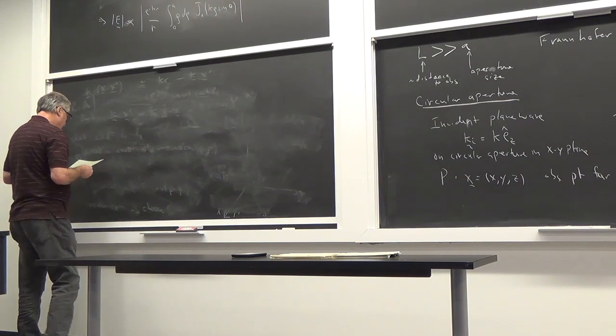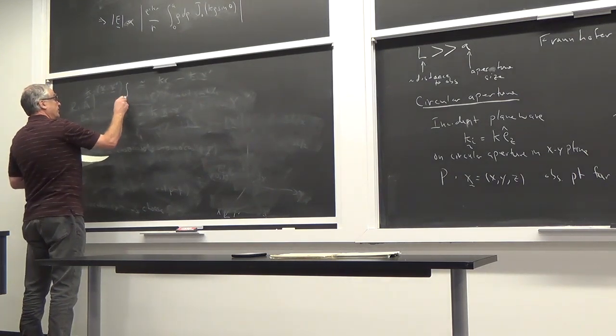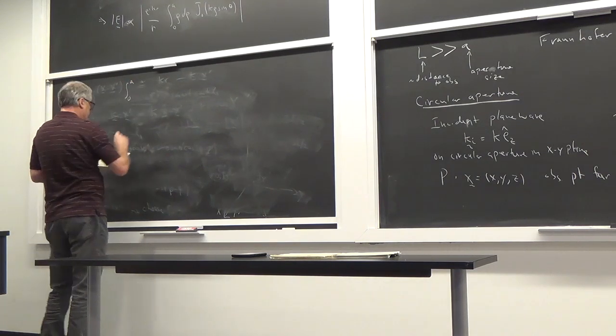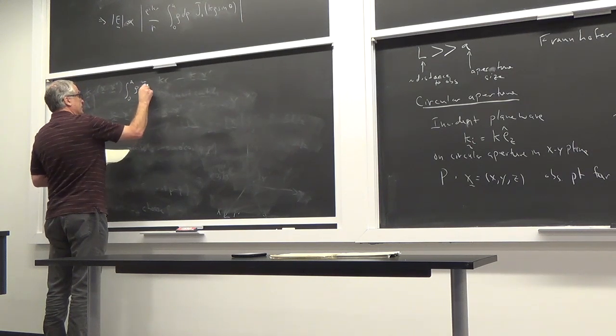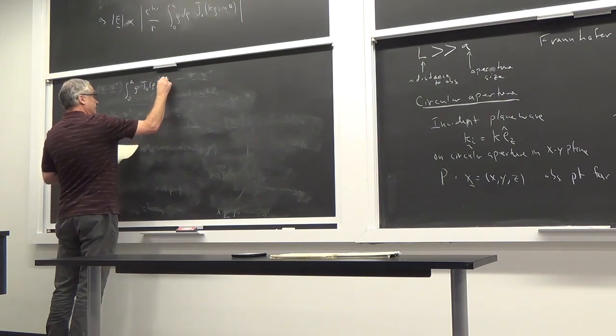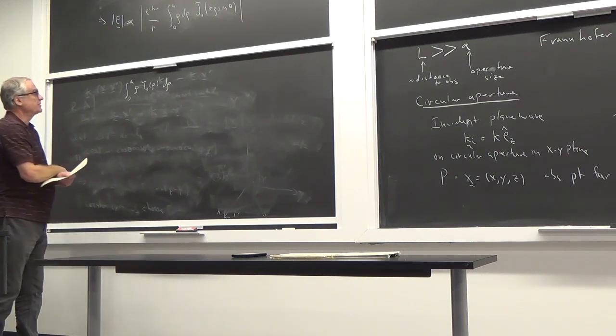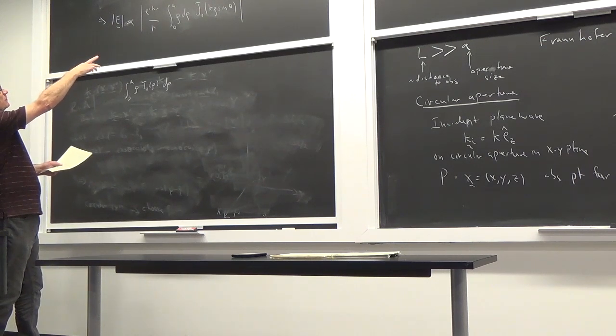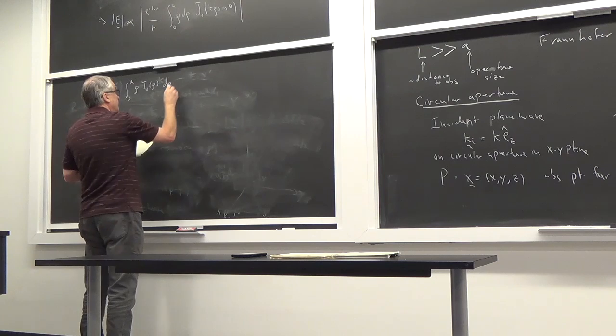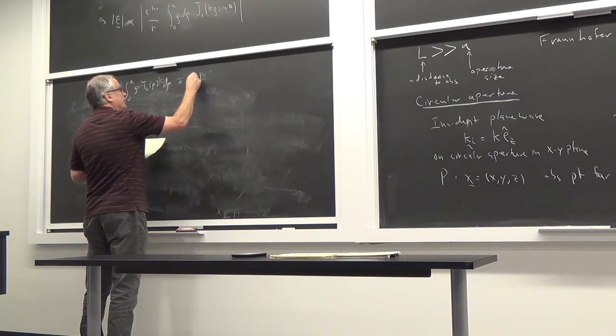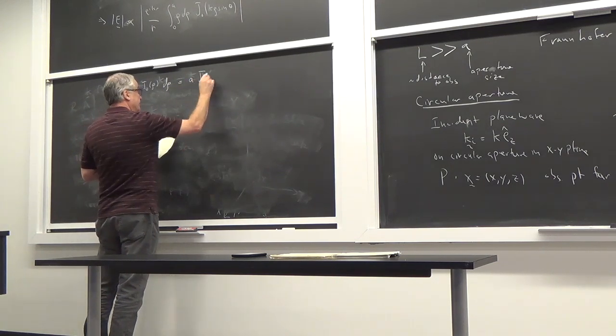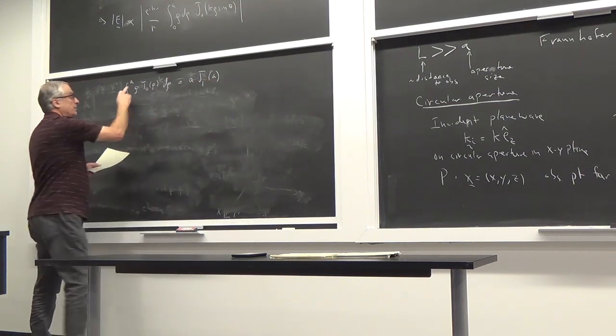And you would discover the following relation if you worked hard enough. The integral from 0 to a of rho J0 of rho d rho, the integral of the Bessel function with this factor of rho out front, gives another Bessel function, J1, evaluated at the upper limit here.